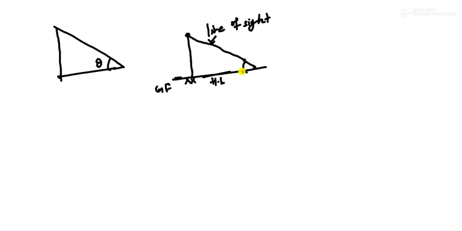The angle formed between this horizontal and the line of sight, when the object is at some elevated place, is called what? Angle of elevation. Remember, angle of elevation. Elevation means something which is at some height, correct? So when you are looking at the top, the angle formed between the horizontal and your line of sight is called the angle of elevation.